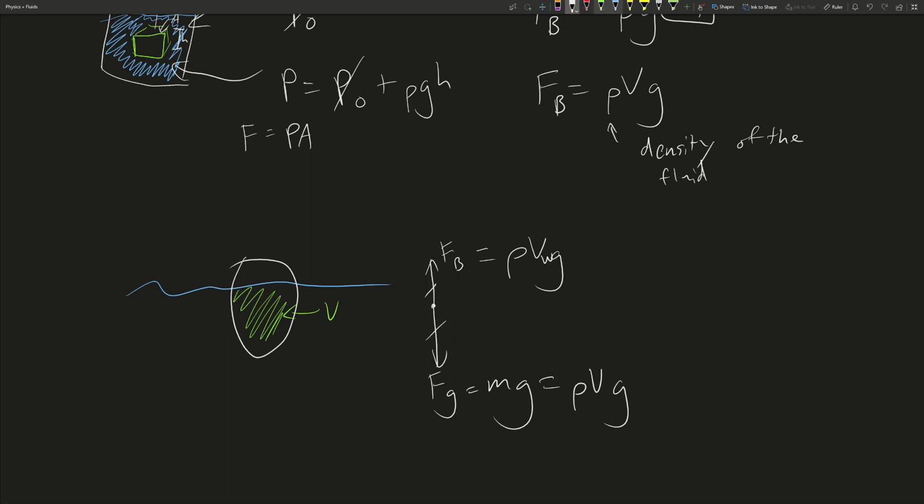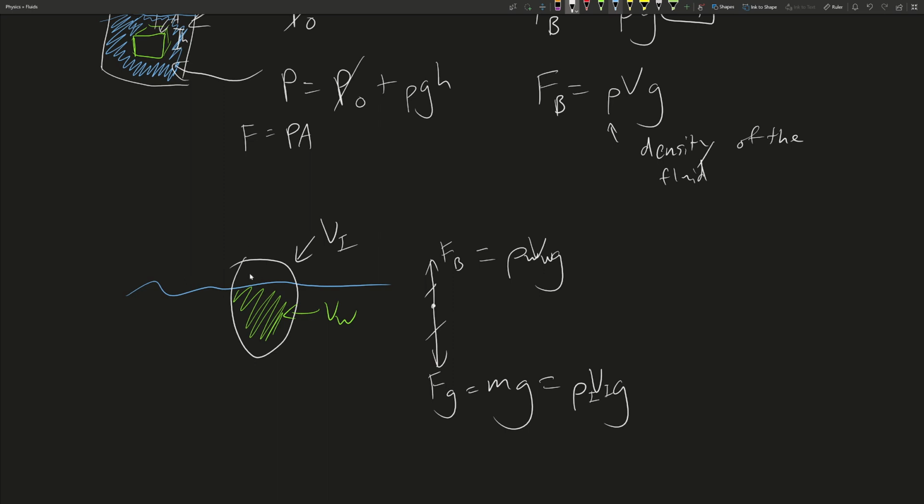So vw is the volume of water that's displaced. And rho vg here, this v refers to the volume of the iceberg. So the density of the iceberg times the volume of the iceberg gives the mass of the iceberg. This is the density of the water. Density of water times volume of the water gives the mass of the water here. So we know that these two are equal.